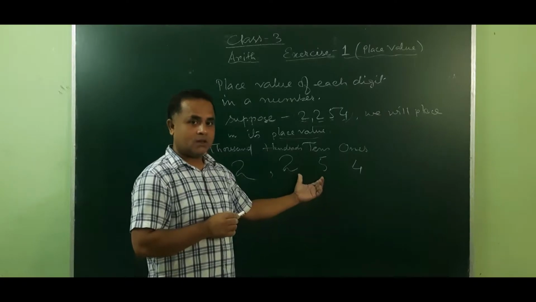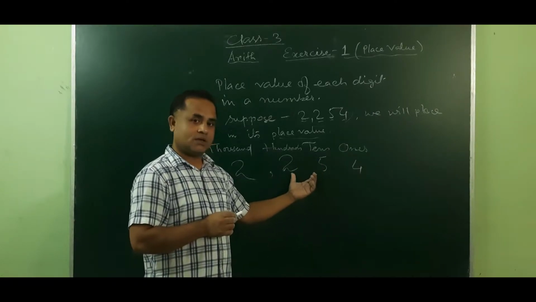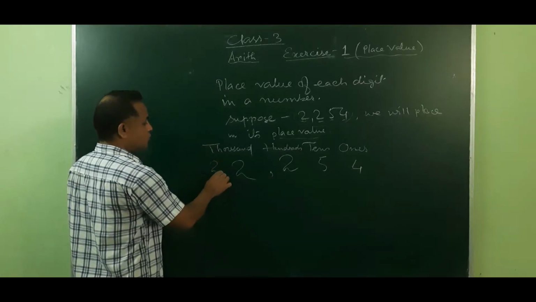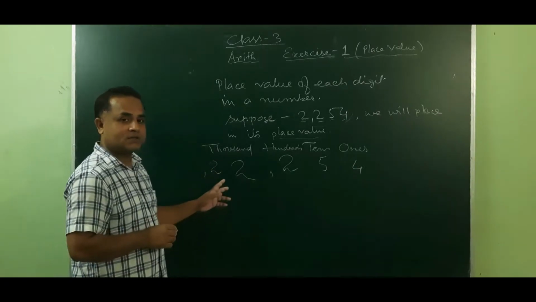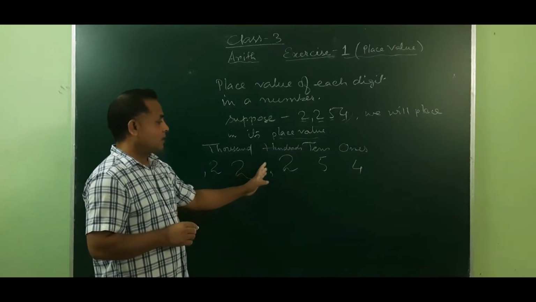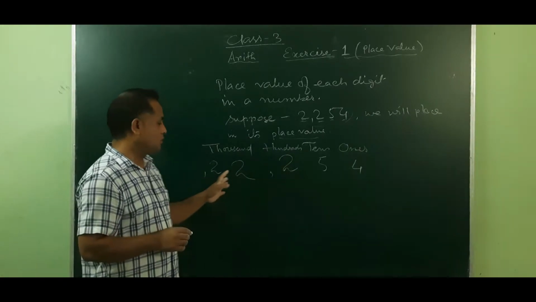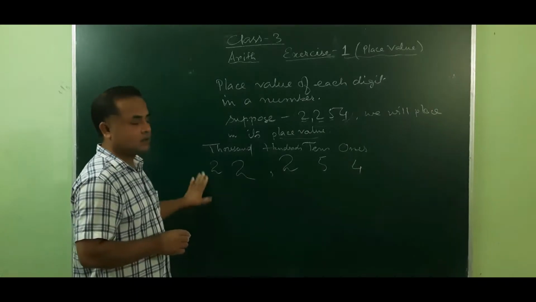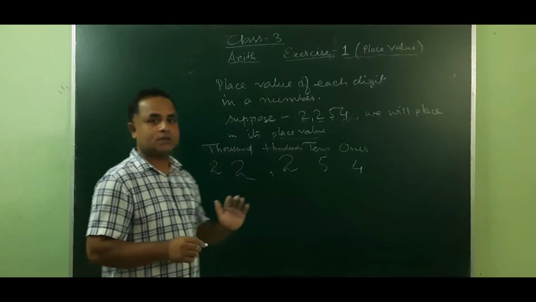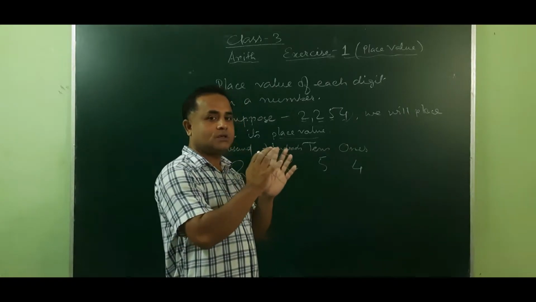In the international also, the first 3 places we put a comma. Then after every 2 place values, we put a comma in the Indian counting system: first one will be 3, later on 2, 2, 2. But in the international, first one is 3, second one also 3, third one also 3. In this way, 3, 3, 3.